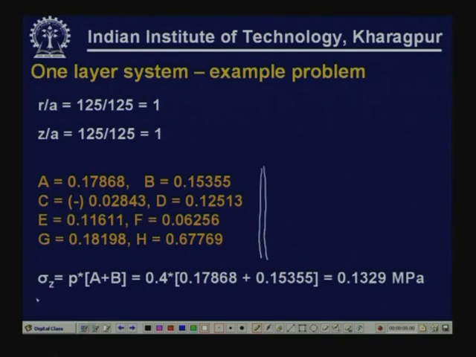So, sigma z can be calculated as P, the applied pressure, which was 0.4, and coefficients A and B. So, this is the vertical stress at that location.